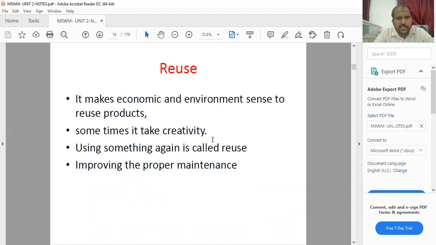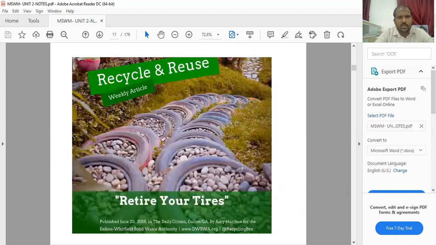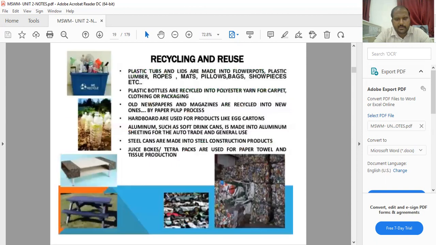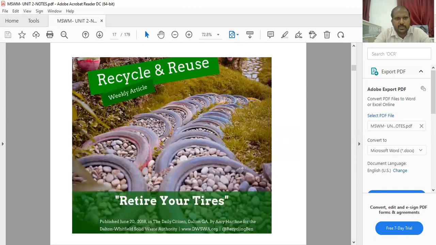Next one is reuse. It makes economic and environmental sense to reuse products. Sometimes it takes creativity. Using something again is called reuse, along with proper maintenance. These are some examples of reuse and recycling of products.